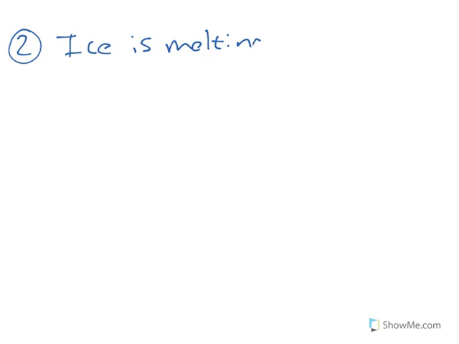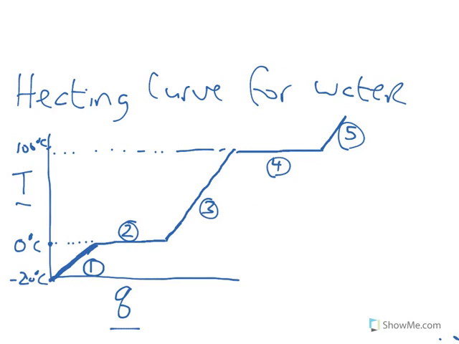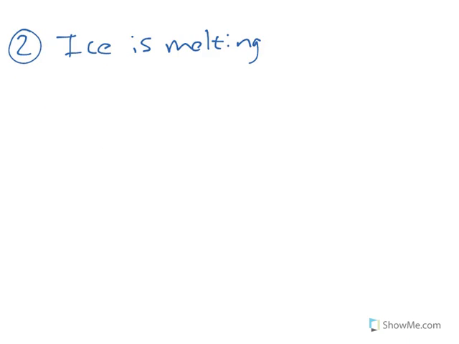It's not warming, it's now melting because we've now hit the melting point of ice and we're transitioning to water, all right? So if we look at the curve there, it's flat. There is no delta T, all right? So our equation is going to look a little bit different where Q is going to equal n, this is the moles of water, times the delta H of fusion, all right?